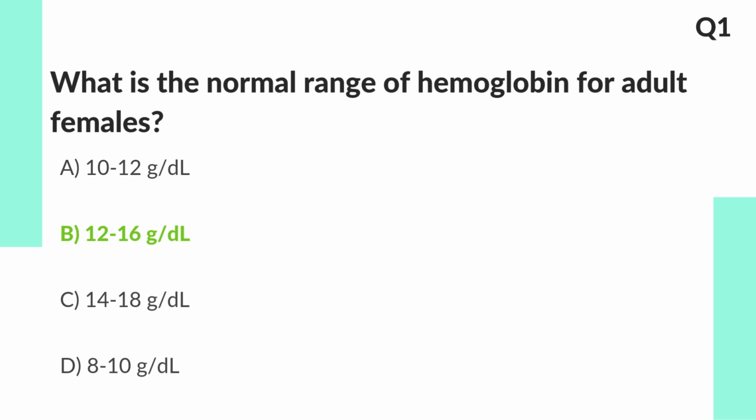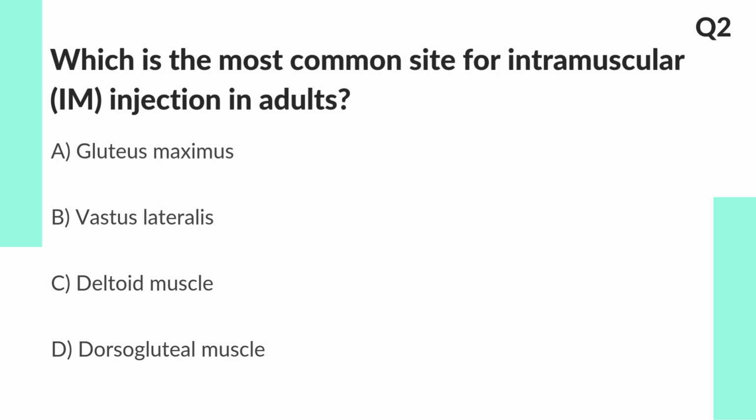All right, so that being said, let me take you through question number two. Which is the most common site for IM injection in adults? Once again, let me take you through the strategy of examination here. Let us break the question into multiple parts.